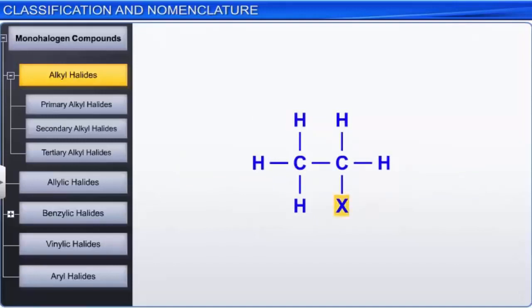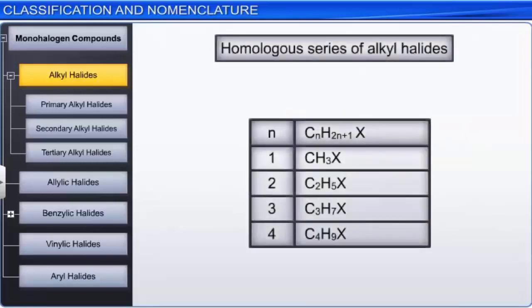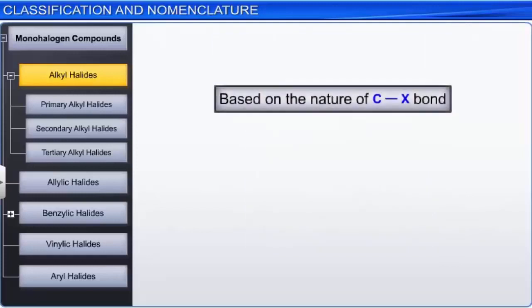The homologous series of alkyl halides can be represented by the formula CnH2n+1X. Based on the nature of the carbon atom to which the halogen atom is attached, the alkyl halides are further classified into primary, secondary, and tertiary.